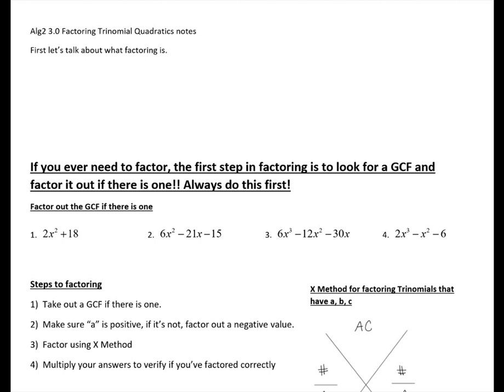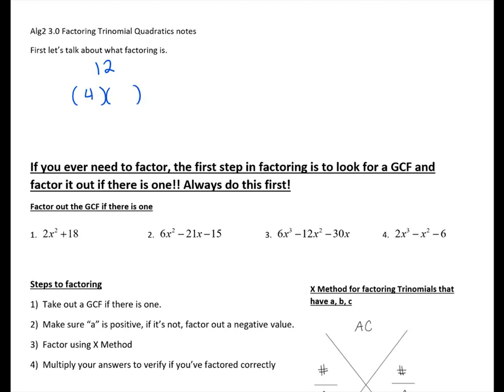All right, Algebra 2, Lesson 3.0, Factoring Trinomial Quadratics, okay? So first let's talk about what factoring is before I show you how to do it, so you understand the concept behind factoring. So take, for example, the number 12. If I factor the number 12, what I'm doing is I'm finding some terms that will multiply to give me 12.